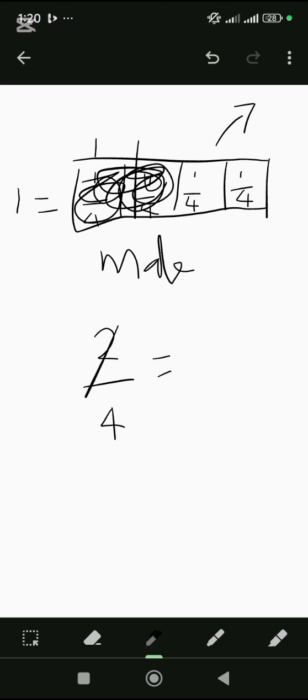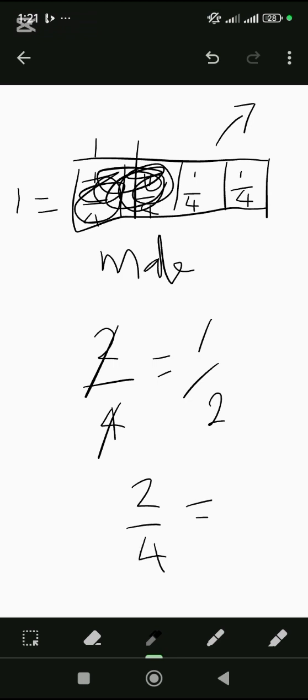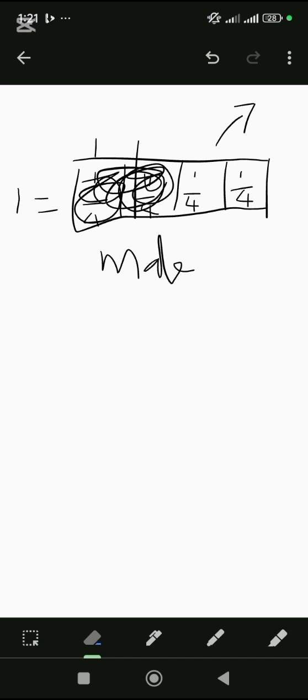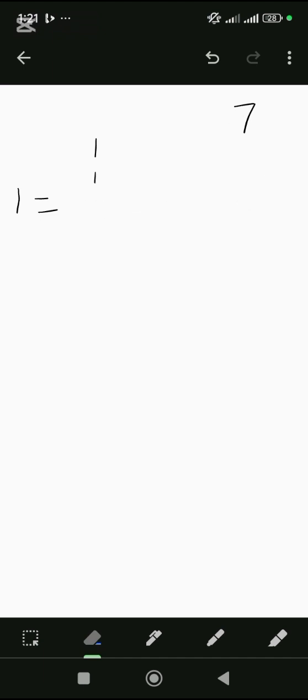This can be further divided by 2, so this is 1 over 2, which means half of the bread was given to the males. And of course, we have 2 unshaded parts, so it is also 2 over 4, which means 1 over 2, the other half was given to the females.